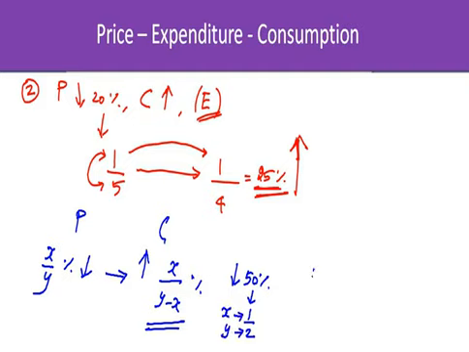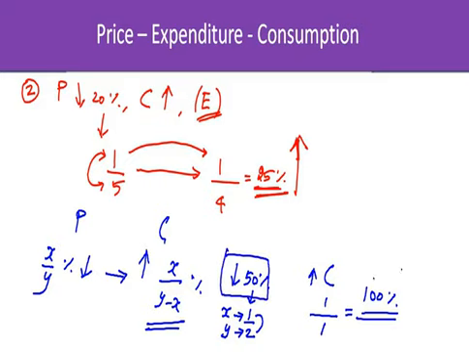We should increase the consumption by what percentage? x by y minus x. So 2 minus 1, that is 1 again. What is the percentage equivalent of 1 by 1? From the fraction to percentage conversion table, we clearly know that 1 by 1 is equivalent to 100%, right? So if the price of an item is reduced by 50%, we can increase the consumption by 100%.